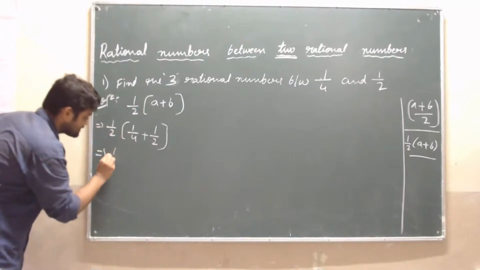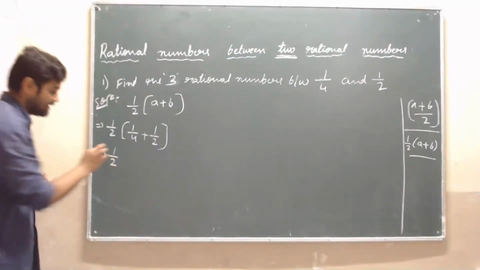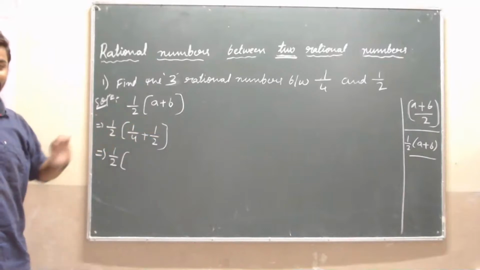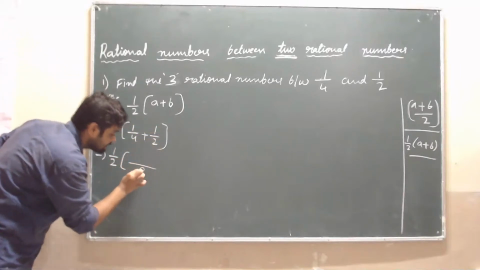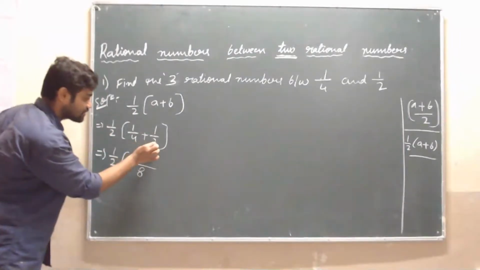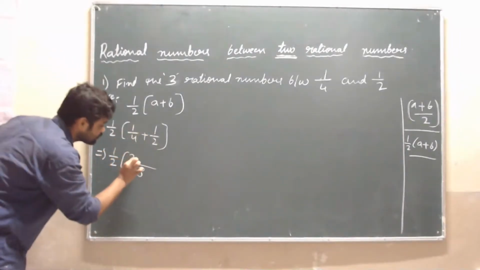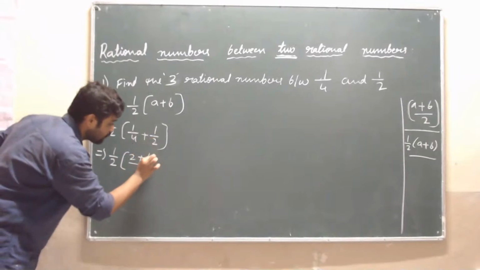As it is, we have to write 1 by 2 here and take the LCM of these two. How will we take it? Just see here. 4 2s are 8. Then cross multiply, that is 2 1s are 2 plus 4 1s are 4.